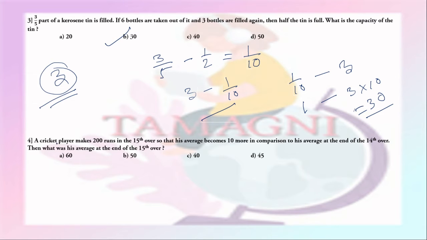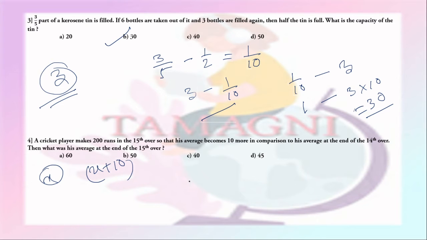Question number 4. A cricket player makes 200 runs in the 15th over so that his average becomes 10 more in comparison to his average at the end of the 14th over. Then what was his average at the end of the 15th? If we assume the average after the 14th over be x, then it will be x plus 10 after the end of the 15th over.